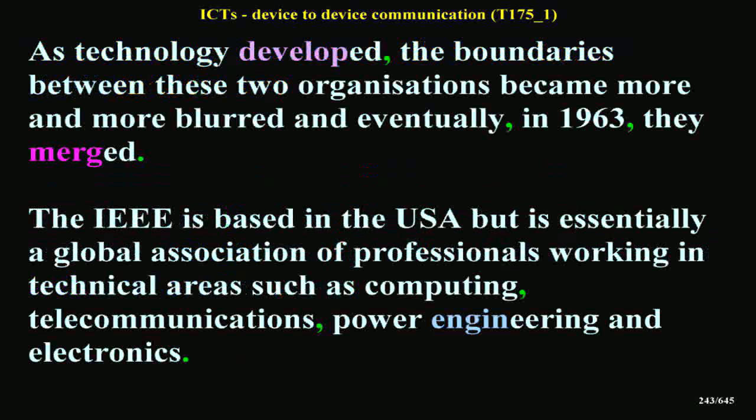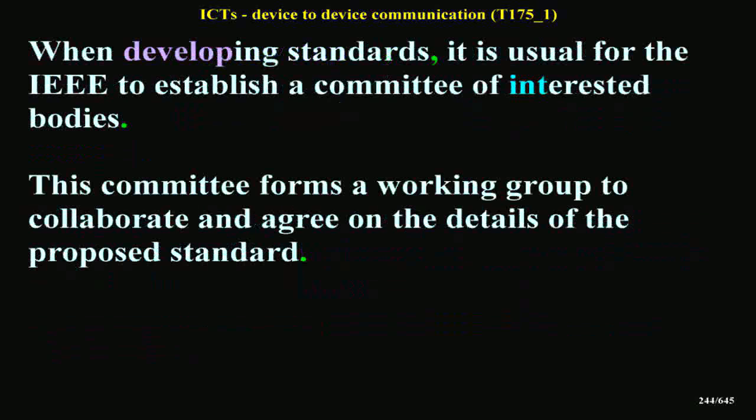The IEEE is based in the USA but is essentially a global association of professionals working in technical areas such as computing, telecommunications, power engineering and electronics. When developing standards, it is usual for the IEEE to establish a committee of interested bodies. This committee forms a working group to collaborate and agree on the details of the proposed standard.